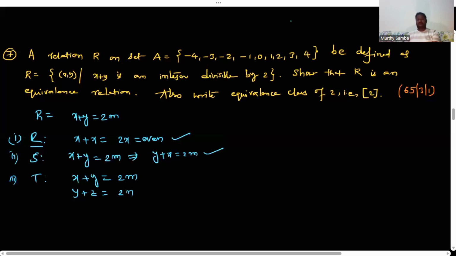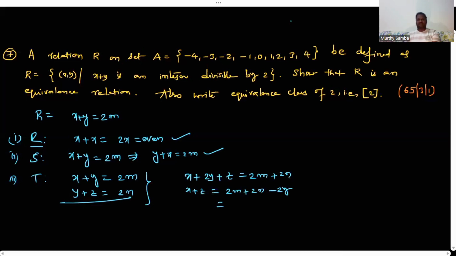Then we have to prove that x plus z is also divisible by 2. For that, what am I supposed to do? Add both the first and second equations. Then what do we get? x plus y plus y plus z, so x plus 2y plus z is equal to 2m plus 2n. x plus z is equal to 2m plus 2n, transposing 2y to that side, minus 2y.